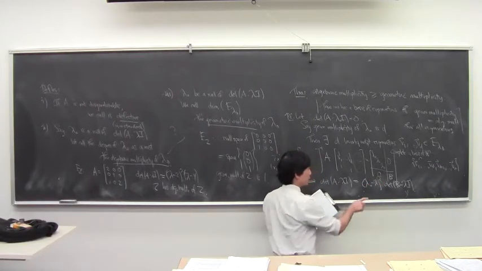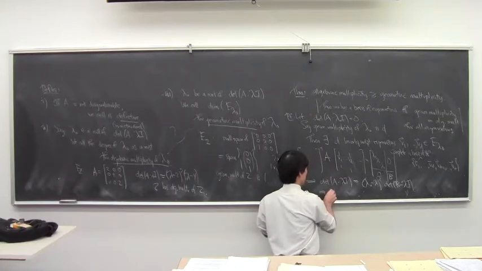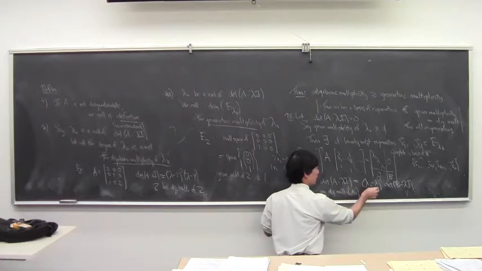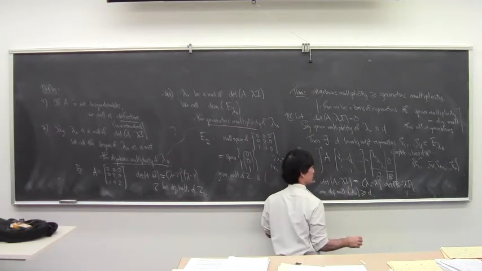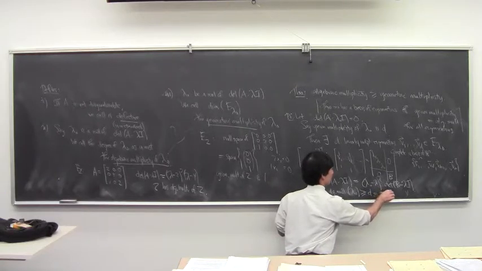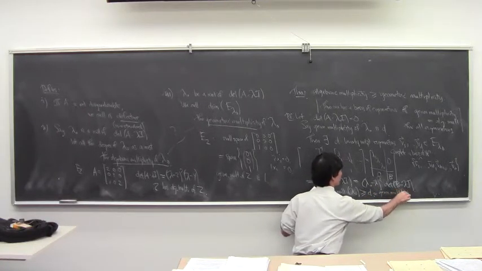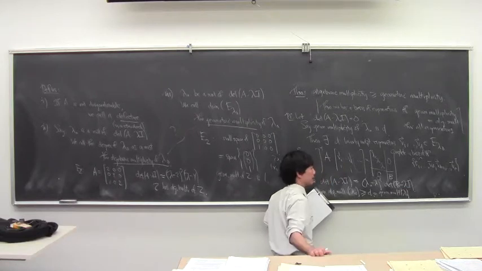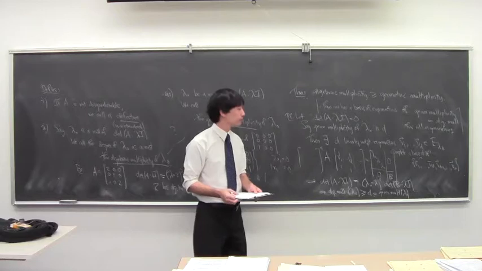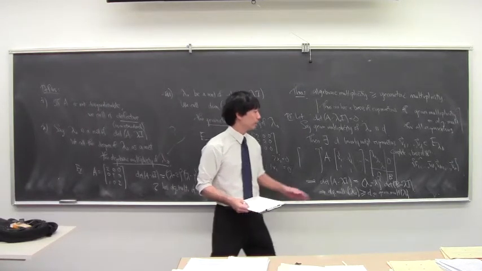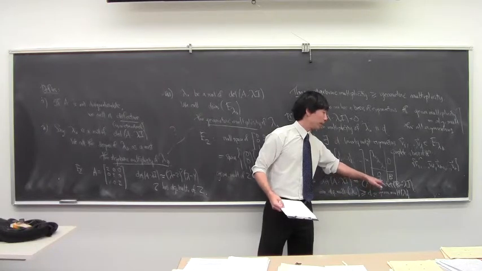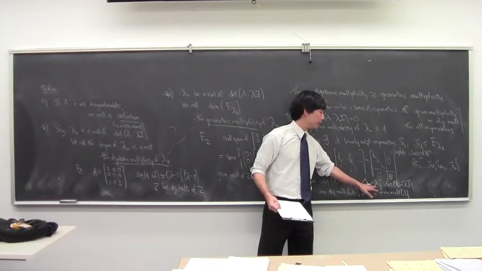That tells you that the algebraic multiplicity of lambda naught is at least d, which was the geometric multiplicity of lambda naught. Because at least you know that there are d powers of this.